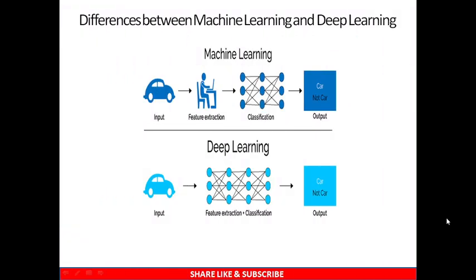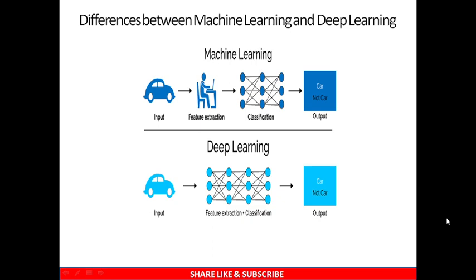Here I'll show you some differences between machine learning and deep learning. We have the input and the output. Between this input and output, for example, I'm giving you an image and training the data as an image. I'll show you the input as a car. In machine learning, we need to specify the features, like the car has headlights, the car has a windshield, the car has doors.